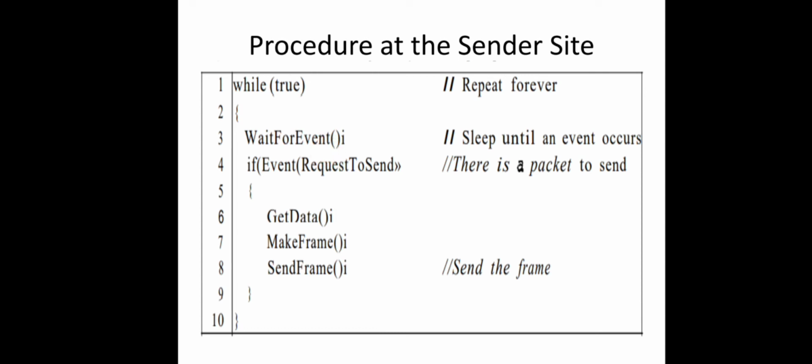Whenever it receives a packet from the network layer, get data is invoked. It will receive the packet, and from that packet it will make a frame by attaching header, trailer part, etc. Then send the frame, hand it over to the physical layer. Then it will be passed over the physical media to reach the destination. There is no need of computing a checksum, because we are assuming that the channel is error free.